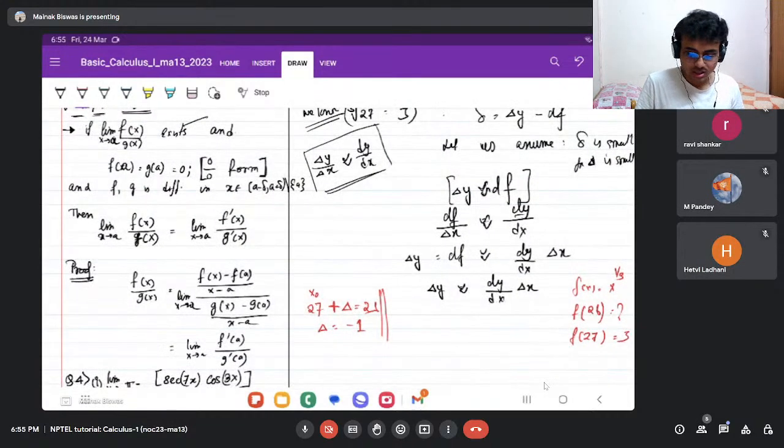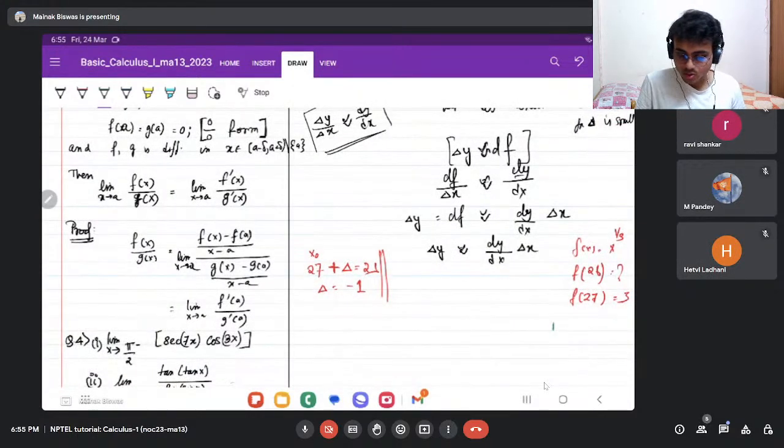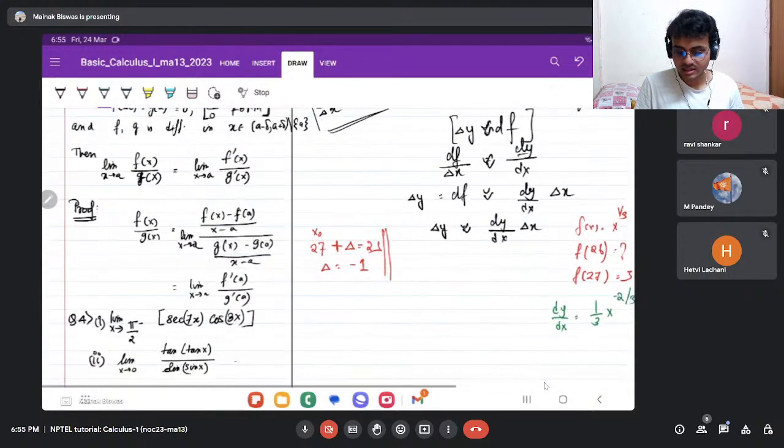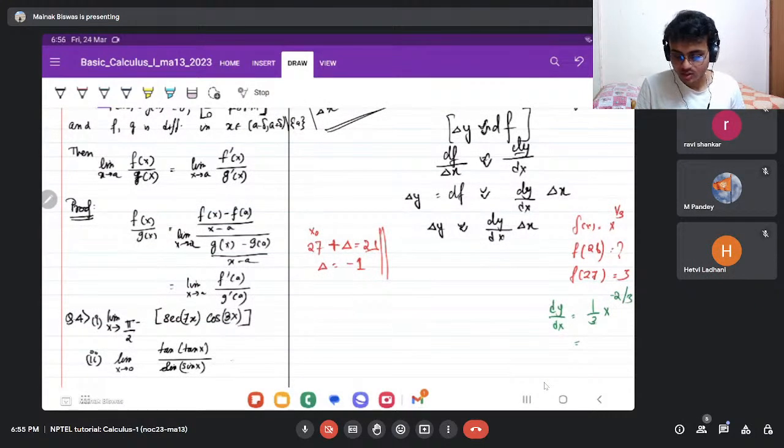Find dy/dx. It would be 1/3 x to the power minus 2/3, right? Agreed? This is dy/dx, and I put x equal to 27. We took x naught as 27, right?